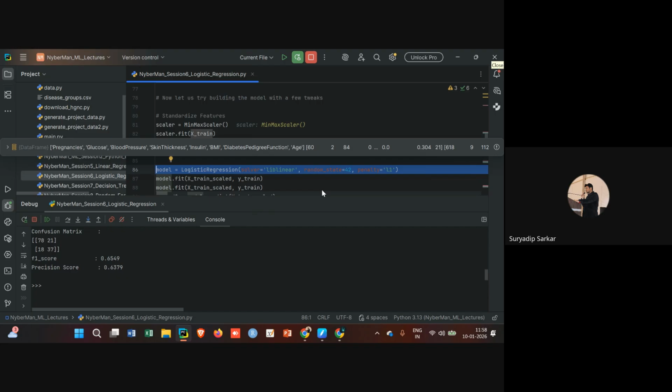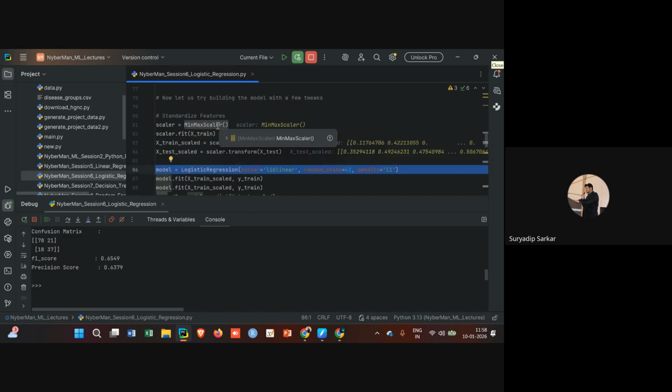In that scenario, you will end up overfitting your model. You don't want that. You want the inferences drawn from the training data set to also work for the testing data set. You don't want to draw any inferences from the testing data set. That is why you perform the fit only on the train, but then you transform both test and train.